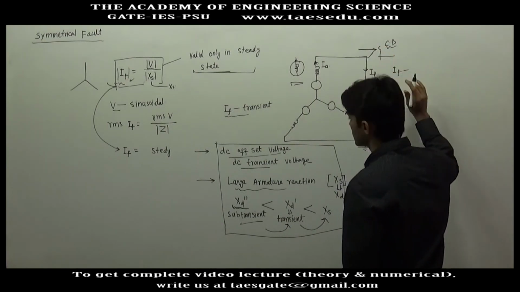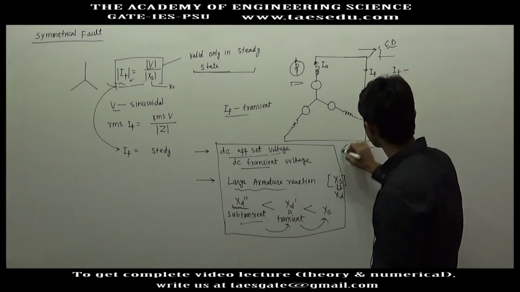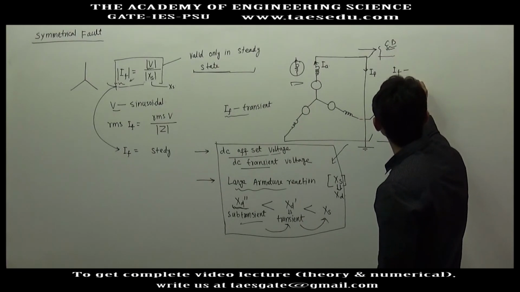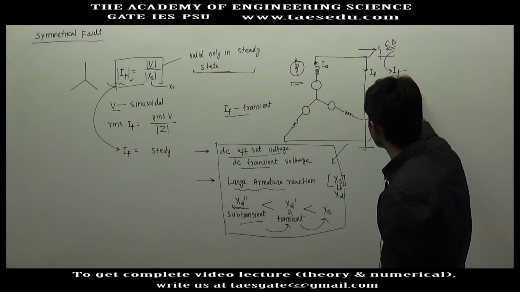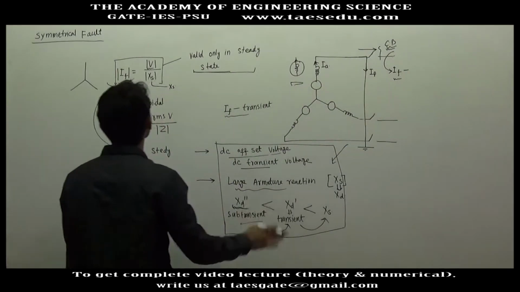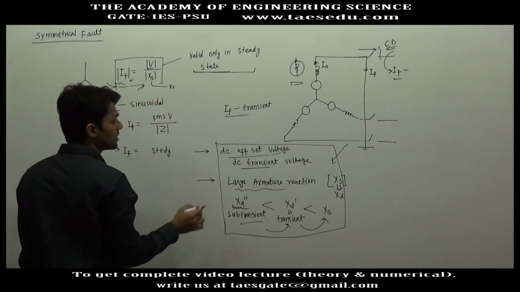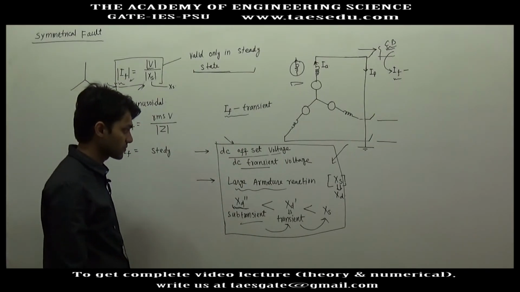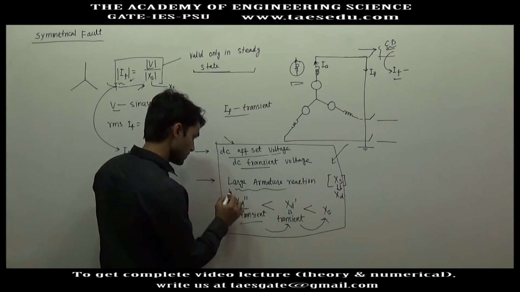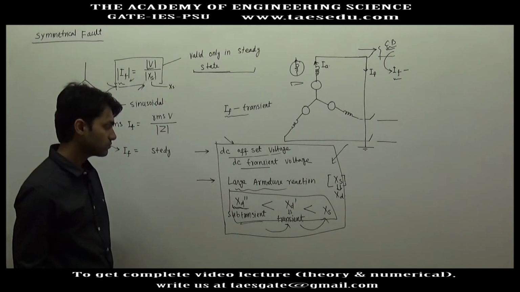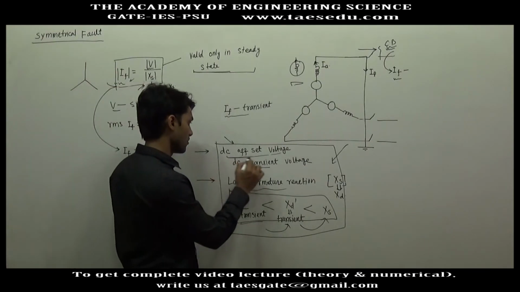The fault current must be calculated in the transient state only, because the rating of the circuit breaker will obviously depend upon the magnitude of fault current, and the magnitude of fault current will be fairly different in a steady state condition and the transient condition. So in the next lecture, I will try to give you the reason why the synchronous reactance is different, and the effect of DC offset voltage.